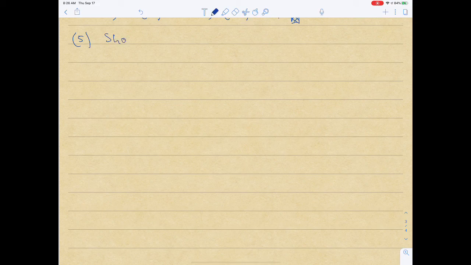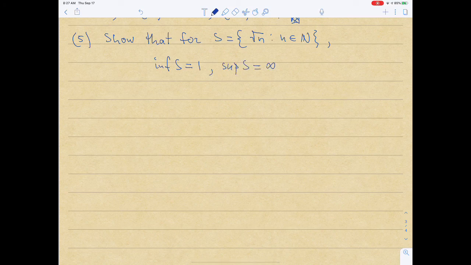Show that for S equal to, let's say, set S equal to square root of n, where n is, again, an element of the set of natural numbers, that for it we have infimum of S is equal to 1, and the supremum of S is infinity.